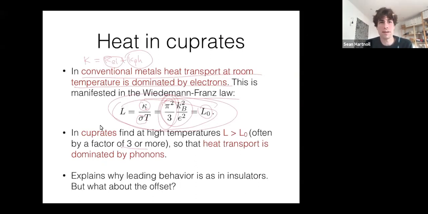The idea that if electrons are carrying both heat and charge, then this ratio should be some all-in-one number is probably more robust than that. But yeah, I'm showing you some consequences of some very low-tech, simple-minded thinking about these problems.